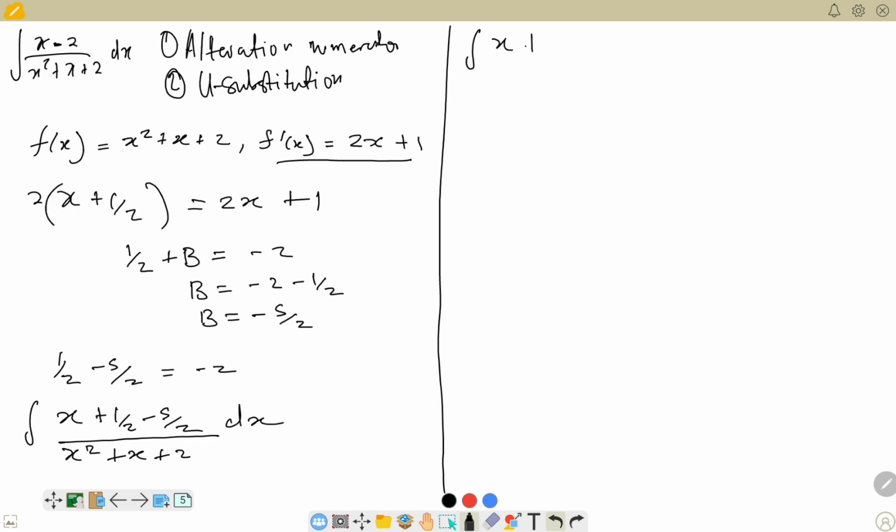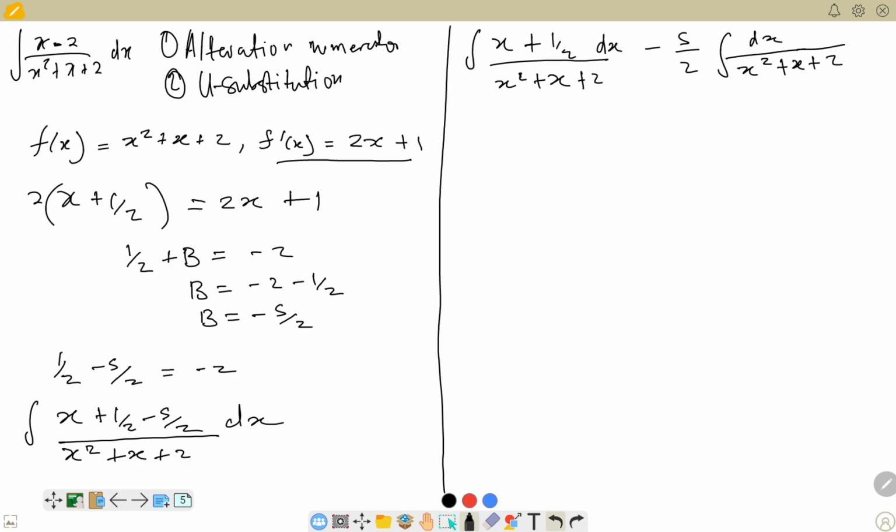Then I will have (x + 1/2) all over x squared plus x plus 2 dx, and then minus 5/2 dx over x squared plus x plus 2.